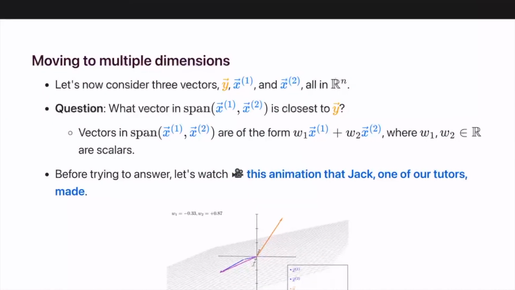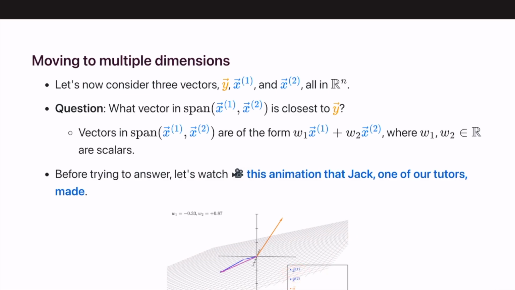All right, so let's go ahead and think about that now. This x1, x2 here is not x to the first power or x to the second power. This just denotes the vector x1 and the vector x2. This is important because you see this plane here. We have x1 and x2.